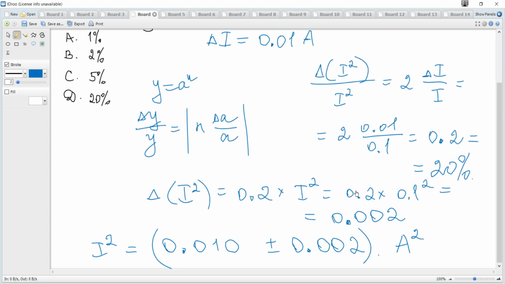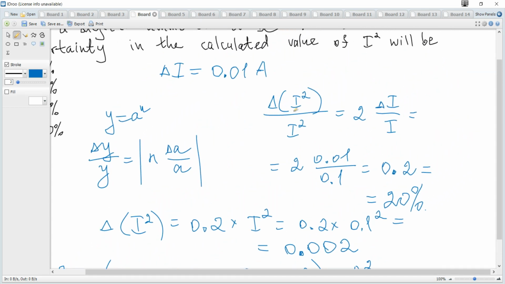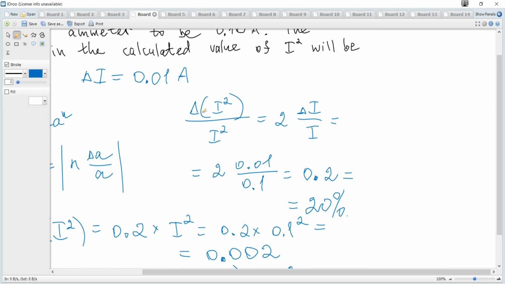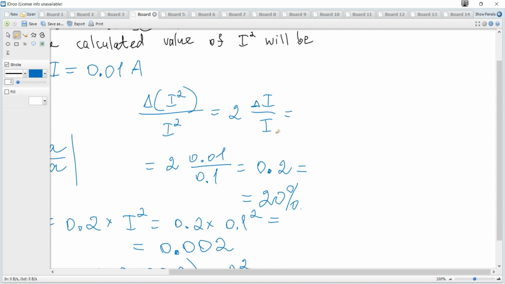Or if we need the absolute uncertainty in I squared, we can simplify here, because finally we need delta I squared.